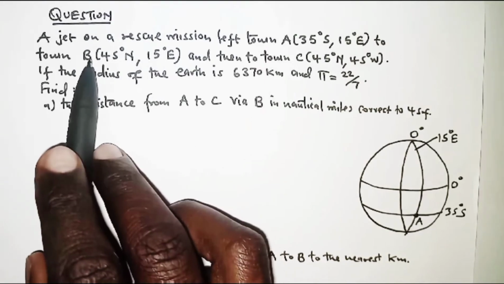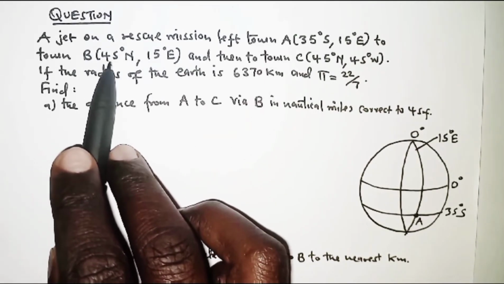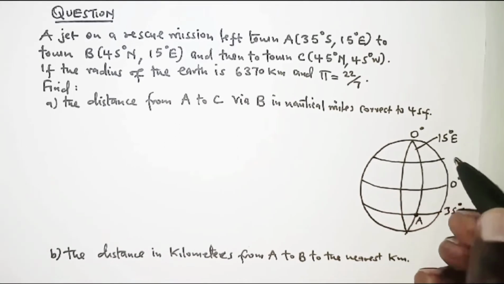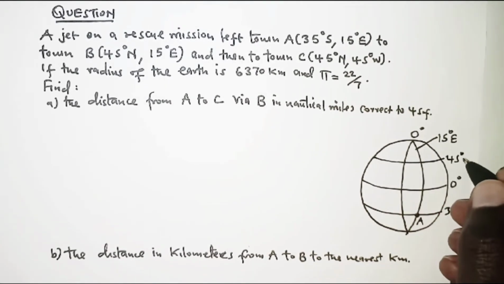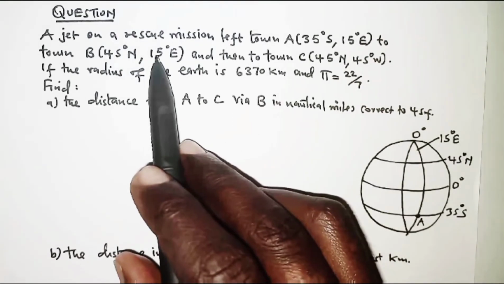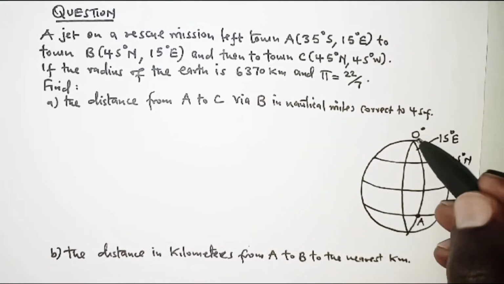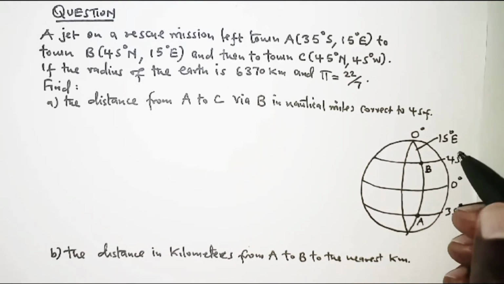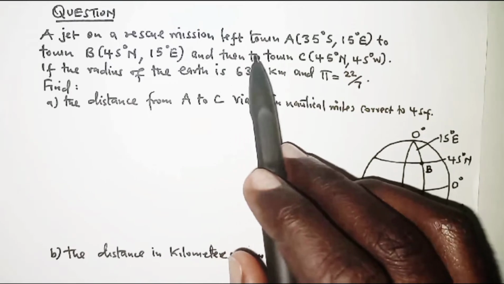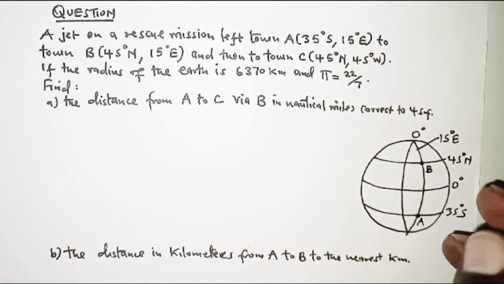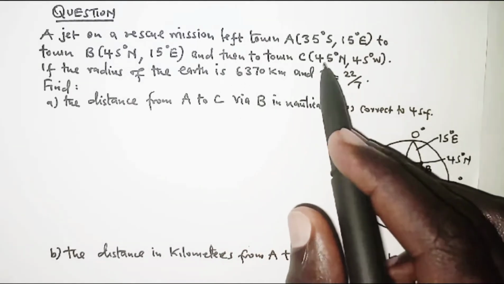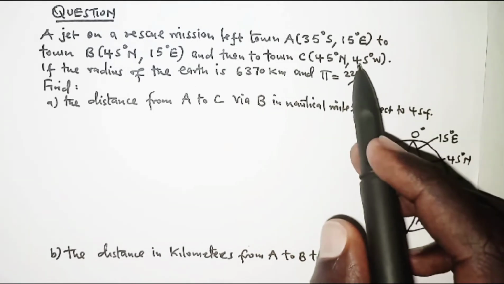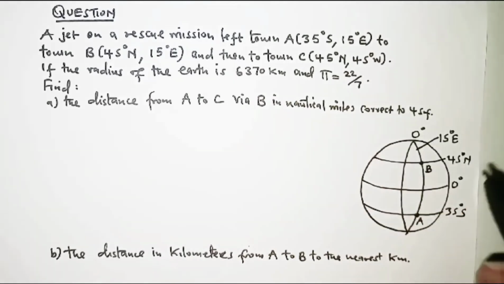Now for B, B lies on latitude 45 degrees north, so north of the equator, so that is up here, 45 degrees north, and on longitude 15 degrees east, the same longitude, so where they meet, that is the position of B. And then the plane also flew to town C, which is on latitude 45 degrees north, still this latitude here, and 45 degrees west of the prime meridian.